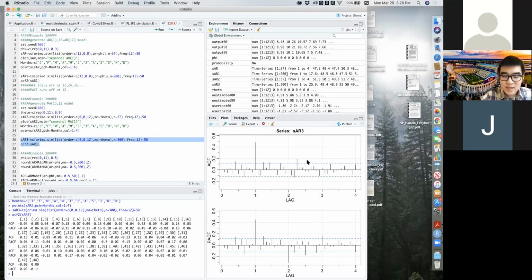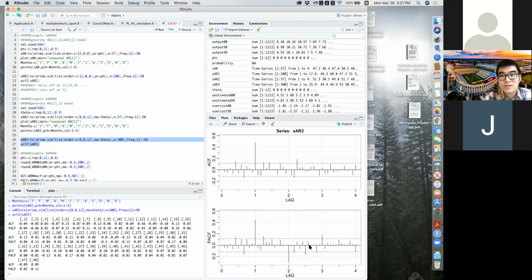You can see that for the ACF plot, it cuts off at lag number 12. Again, this is different from the pure MA1 model. In the pure MA1 model, the ACF cuts off at lag number 1, but here it cuts off at 1 times 12, at lag number 12. And for the PACF plot, you can see that it tails off at lag number 12, lag number 24, lag number 36, and also lag number 48.